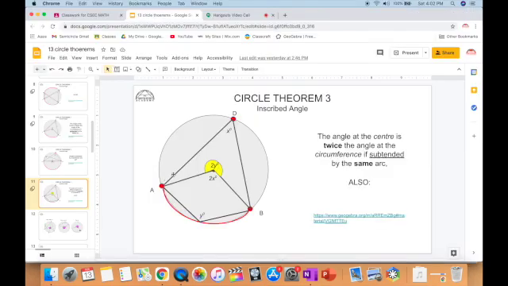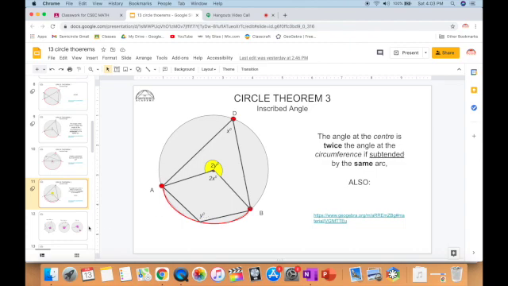We have the angle X at the point D subtended by the arc, and that angle at the center is 2x. The angle at the center is twice this angle here. But then we have this other reflex angle Y, and this is twice this angle Y here. Remember we were saying that?